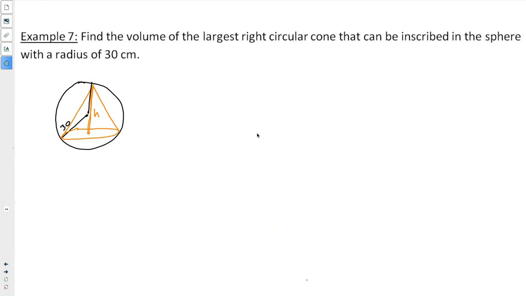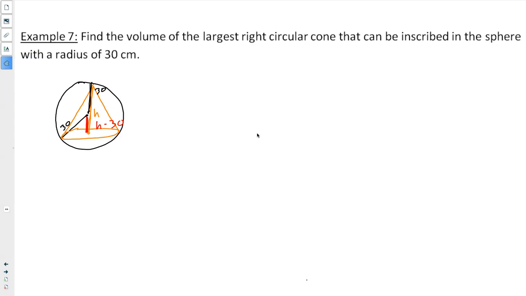So I know that this whole, like right up here, is 30 as well. Okay, and then this area in here, that little red area, that is going to be the height minus the radius. Okay, so it's going to be h minus 30.